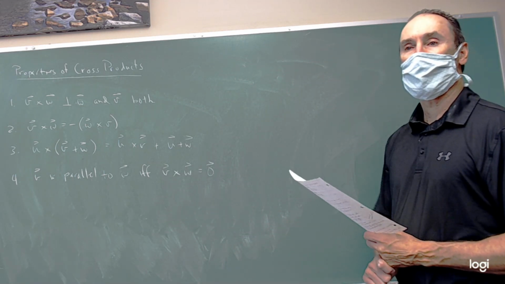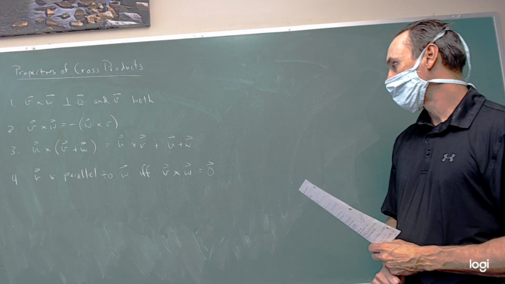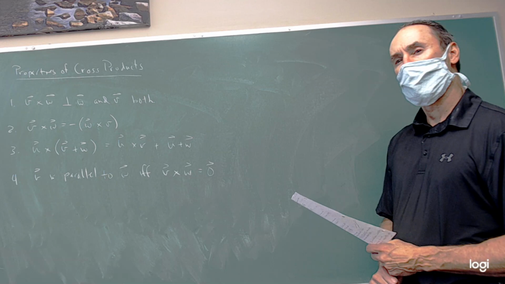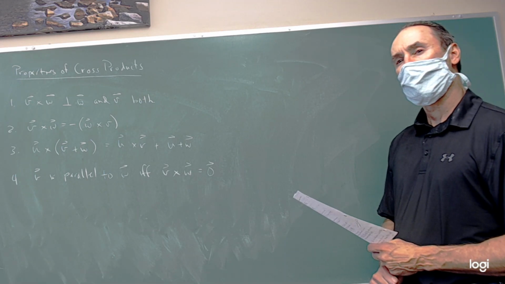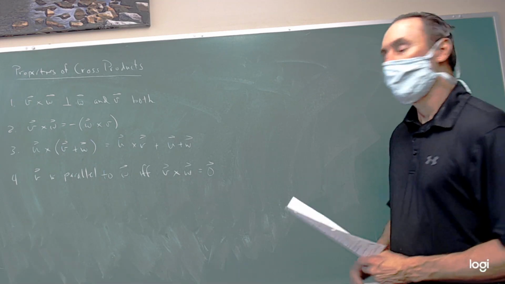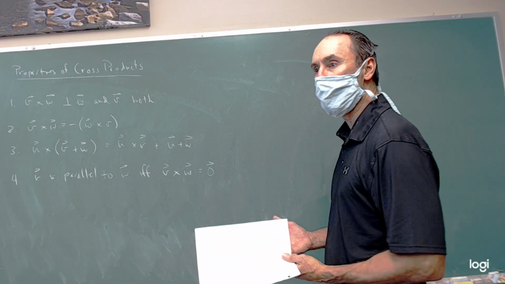Everything becomes zeros. That make sense? Should we take a look at one real quick? Yeah. So to be parallel, we know they have to be multiples of each other.